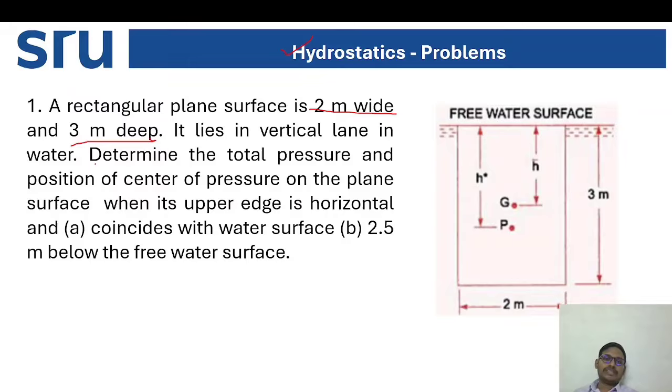Determine the total pressure and position of center of pressure on the plane surface when A, its upper edge is horizontal and coincides with the water surface, and B, it is 2.5 meters below the free surface of water. First we have to determine the total pressure and center of pressure when the upper edge is horizontal and coincides with the water surface.